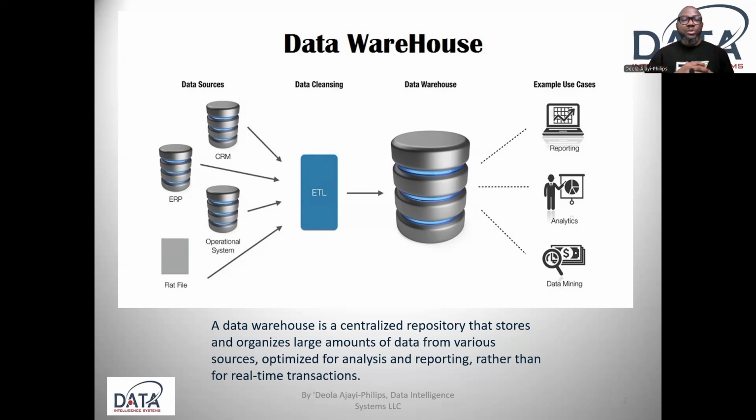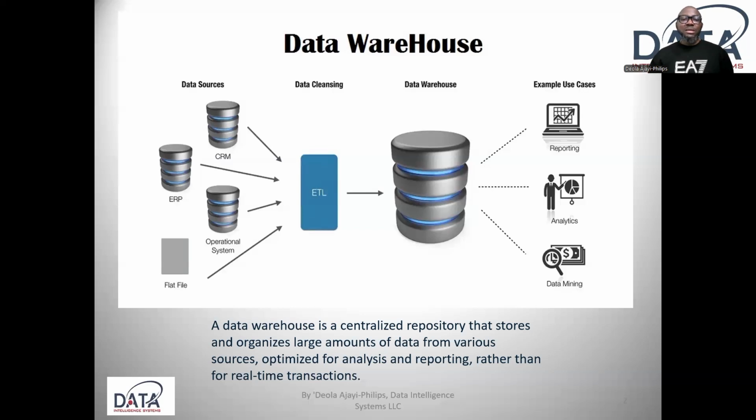Now, if you look at the screen, for us to have a proper data warehouse, we have to pass through two stages. The first is data sources and the second is data cleansing. The data that flows into the data warehouse will have to be ingested from somewhere, which is the data source.